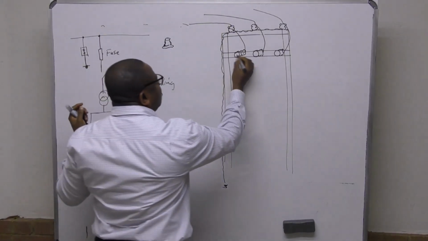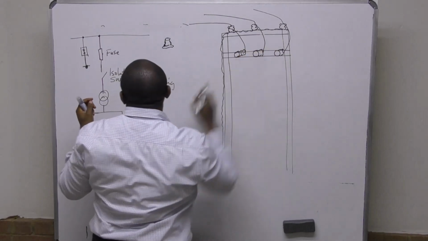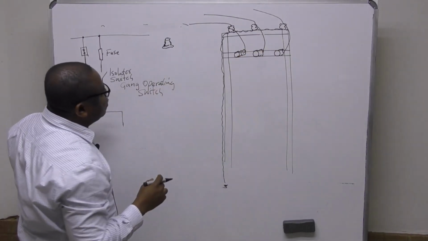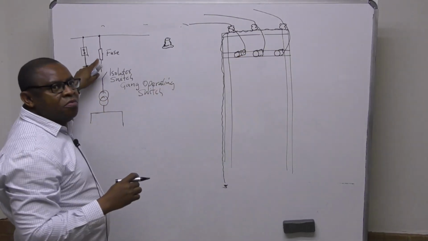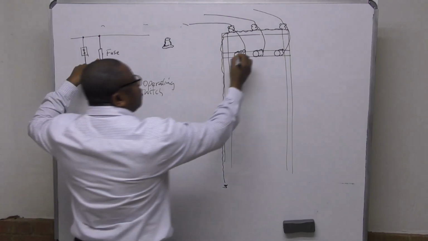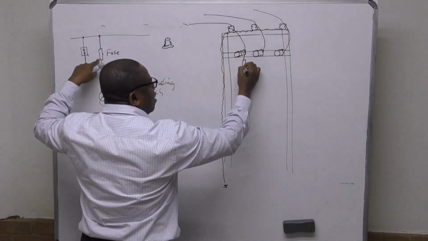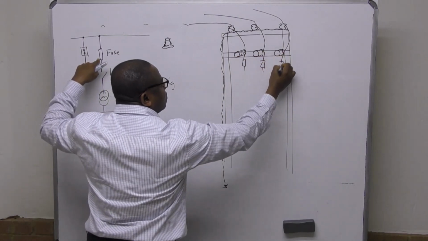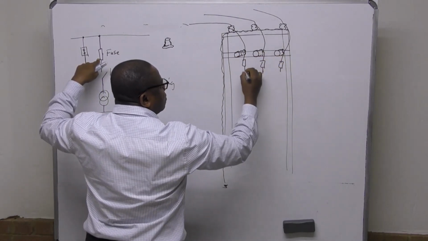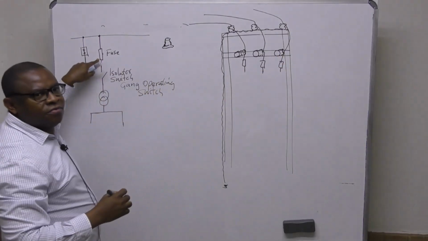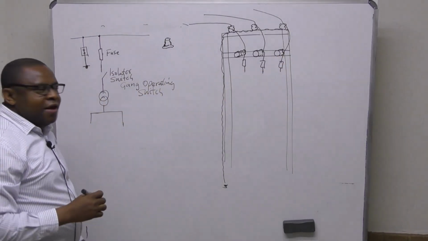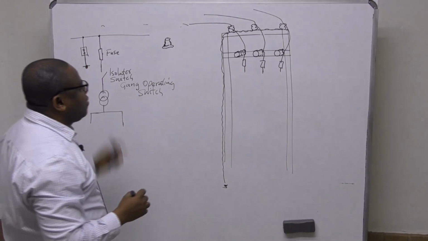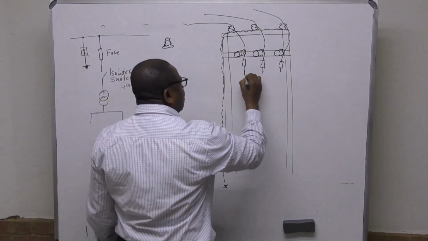So now I have this support 1, 2, 3, just to support the cables. Now I'm going to put my fuse. So from here, you have a fuse. Okay, like that. And then for the fuse, you have an isolator.